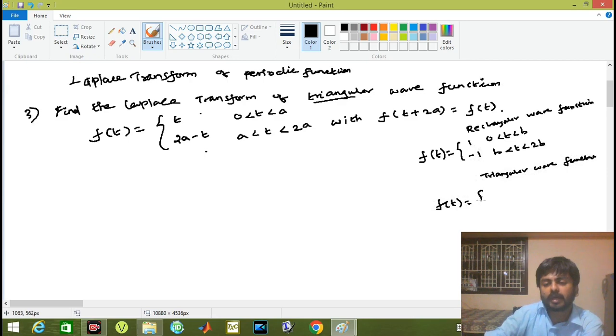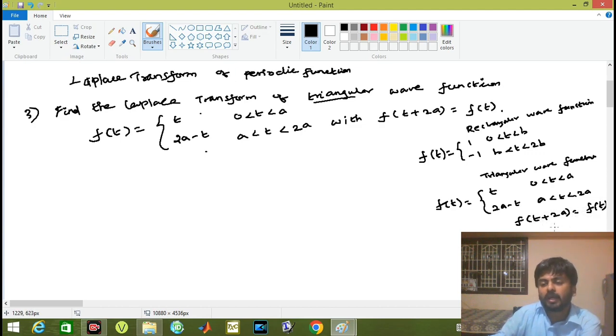Instead of constants we are having the functions of t, 2a minus t, for 0 less than t less than a and a less than t less than 2a. They have also mentioned that it is a periodic function by giving the proof that f of t plus 2a equal to f of t. So f of t plus p equal to f of t, where p greater than 0. So here 2a should be greater than 0. So they have given it as the present question.